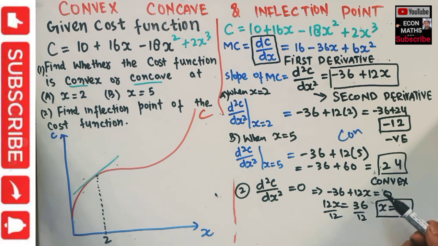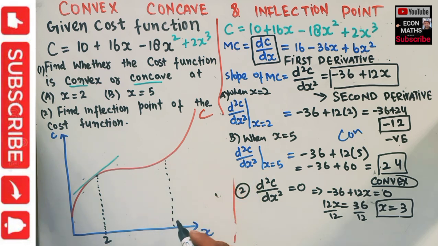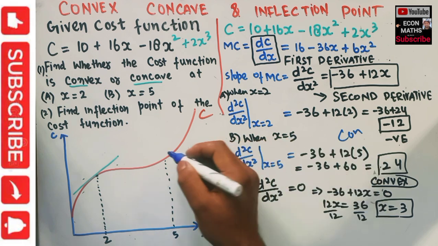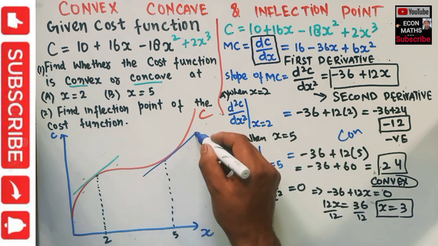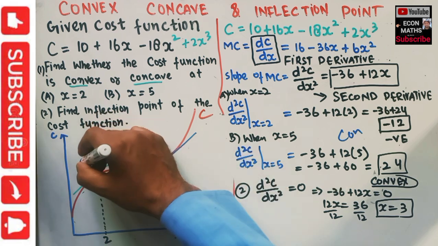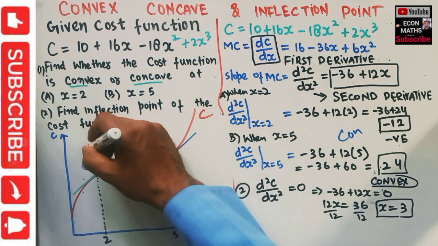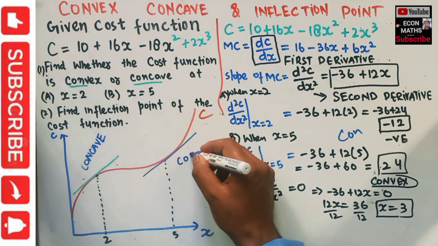And the second was convex. So let us say when x is equal to 5, and if we draw the tangent at that very point, the tangent line will lie below the cost curve, and here we can see the tangent is below the cost curve. So this is our concave, and this is our convex.